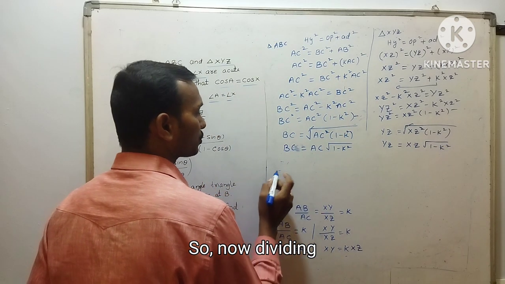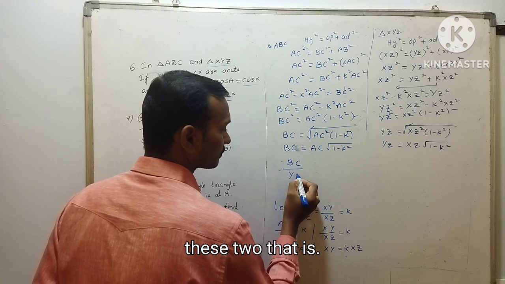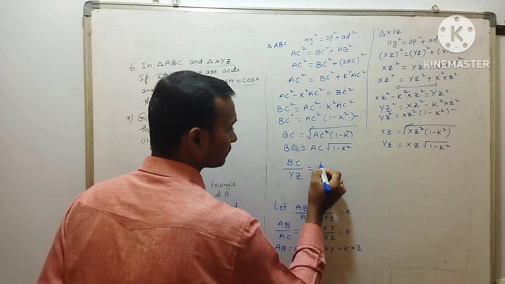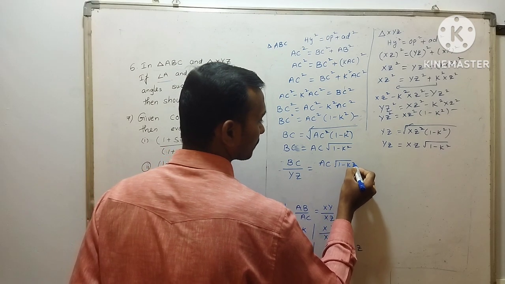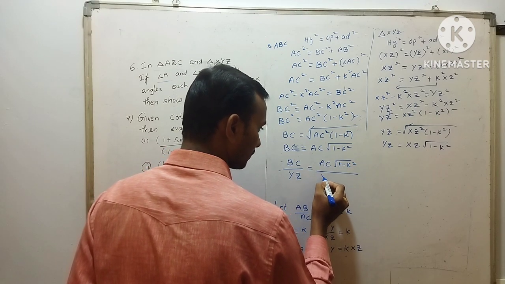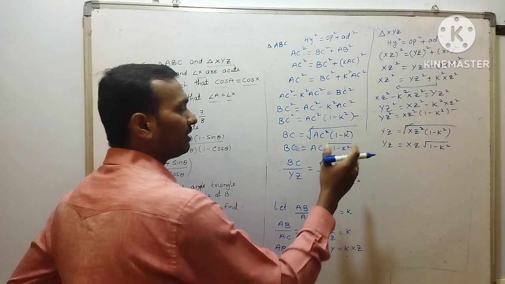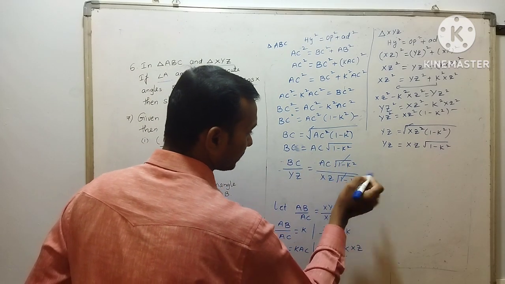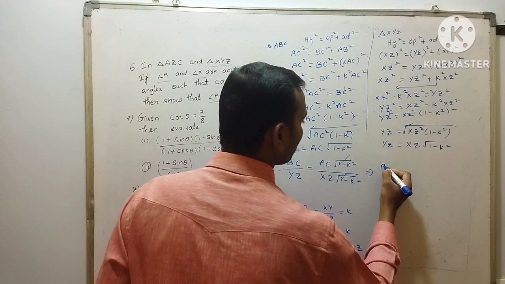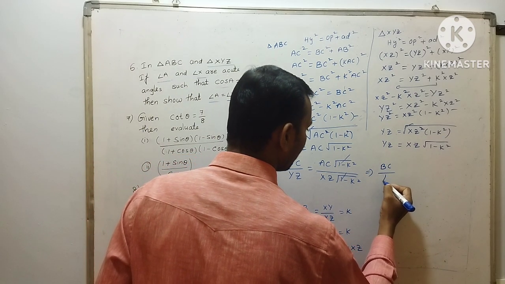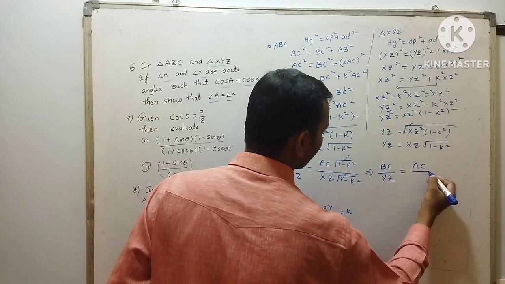So now dividing these two, after dividing BC by YZ, these two are going to cancel. So we are left with BC by YZ is equal to AC by XZ.